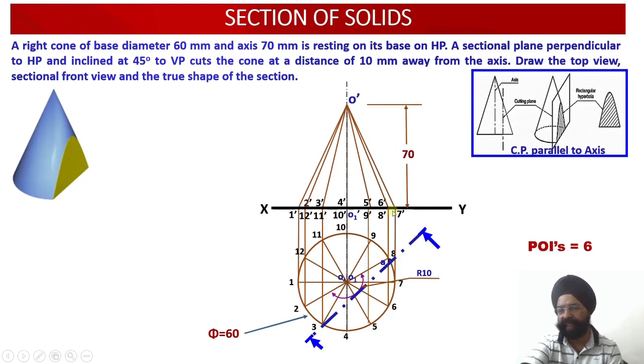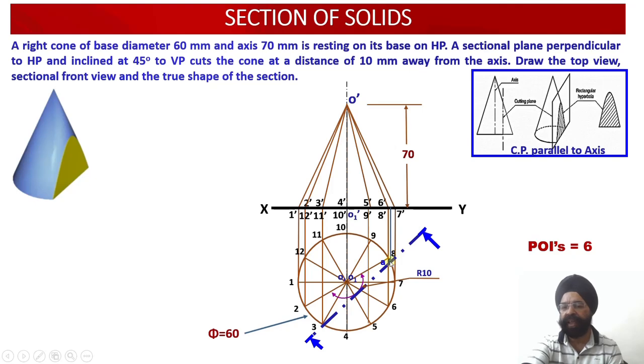Now I will be taking it upwards. And now you see, where does 7 dash lie? 7 dash lies on the XY line. 8 dash lies on the XY line. So the front view of this sector 7 to 8 lies onto the XY line because it lies on the base. So I have to take a projector from this point A. You see, I am going to use blue lines for all these POIs, so in order to distinguish between original projectors and the projectors of the POI, I am going to use the sky blue line over here.